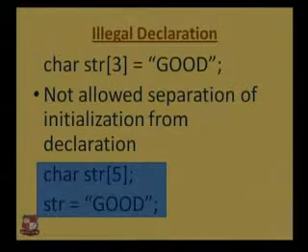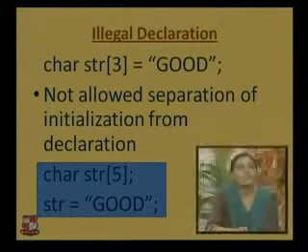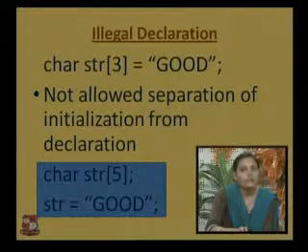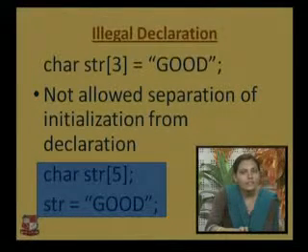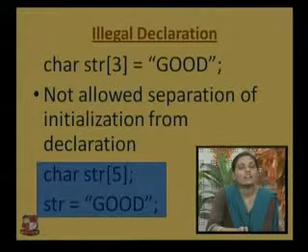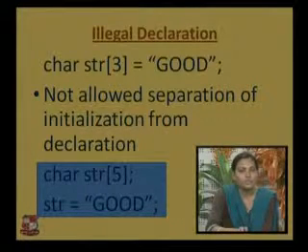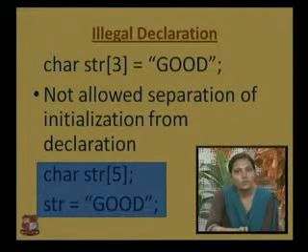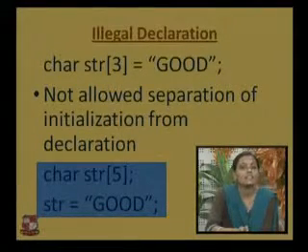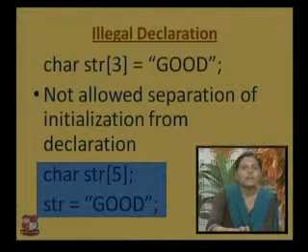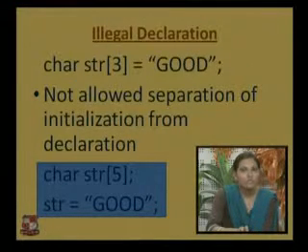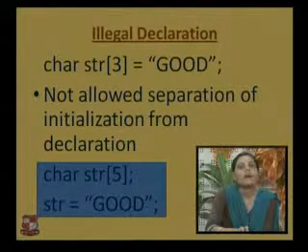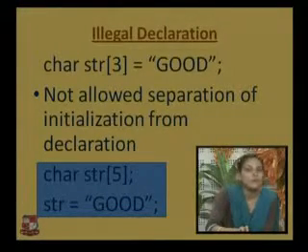In the same way, we cannot separate the initialization from the declaration of the string. Like we declare the character array in one line, and in the next line we write str equal to good. In the same way we declare an integer or float value: int i, and in the next line we assign i equal to 10. That is allowed, but for the string it is not, because a string cannot be used directly as the left side of an assignment.